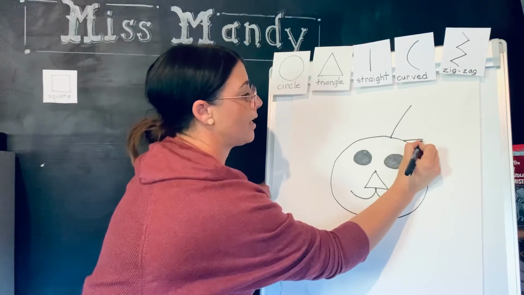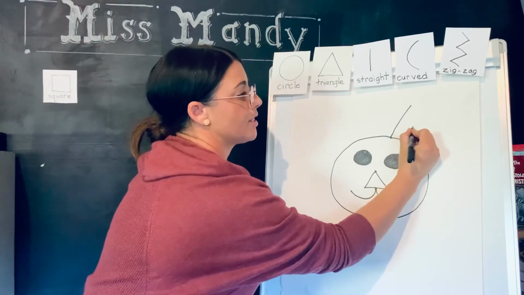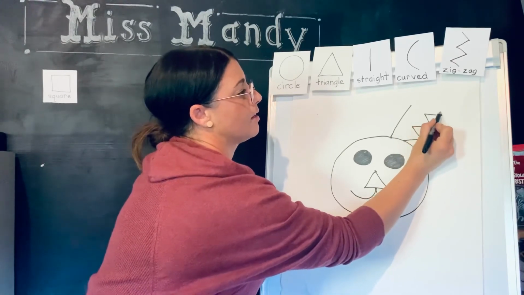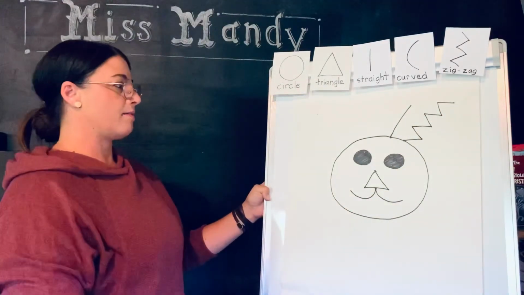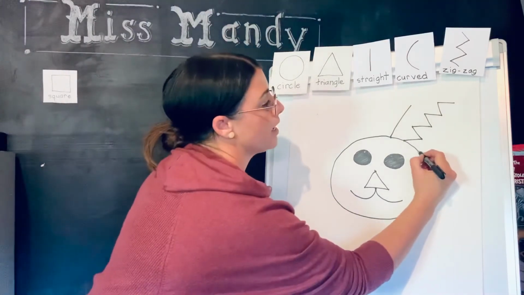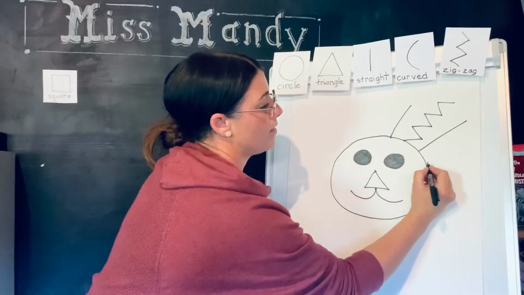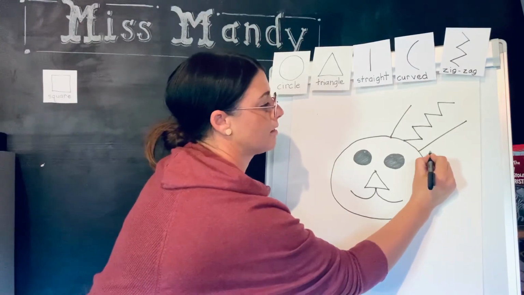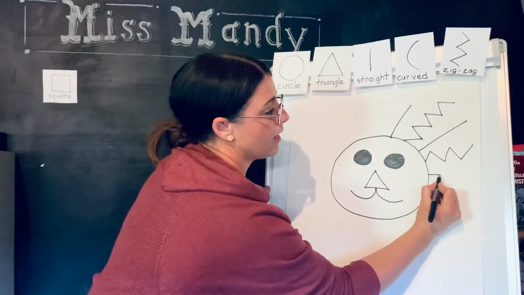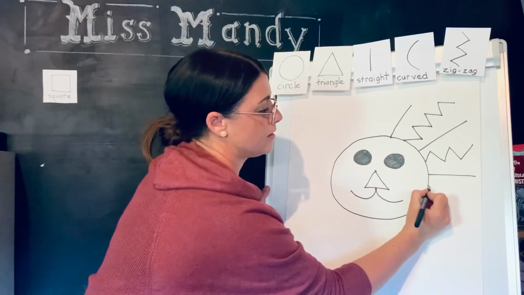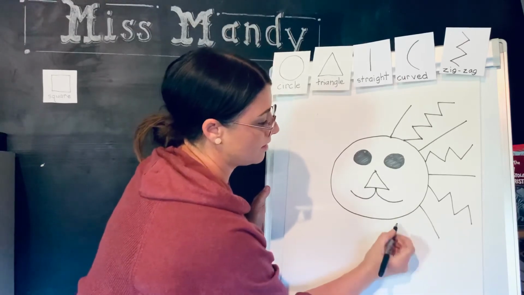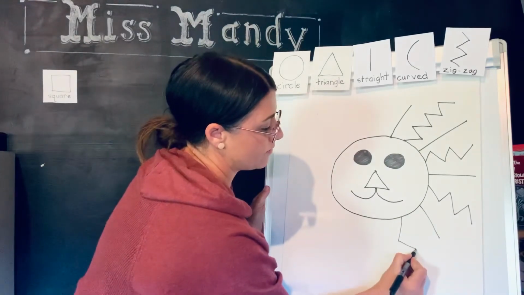So I'm still going to start on the outside of the circle, but I'm going to do a straight line. Don't pick up your pen. Straight line the other direction, straight line back, just like that. And then I'm going to do another straight line, and then another zigzag line. Straight line, zigzag line, straight line, zigzag line.